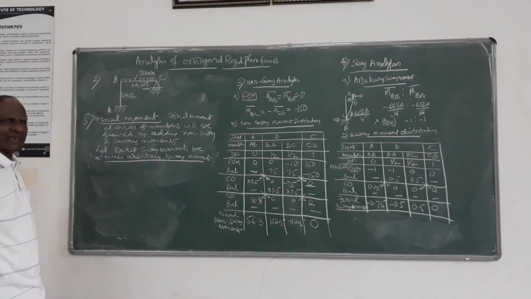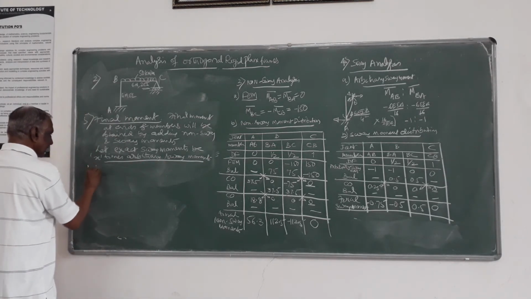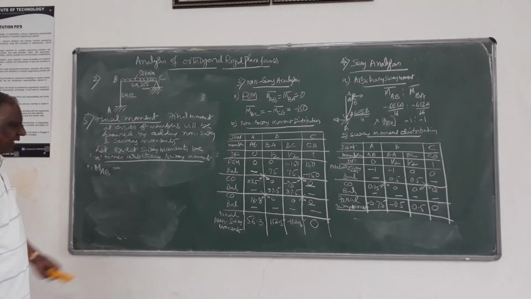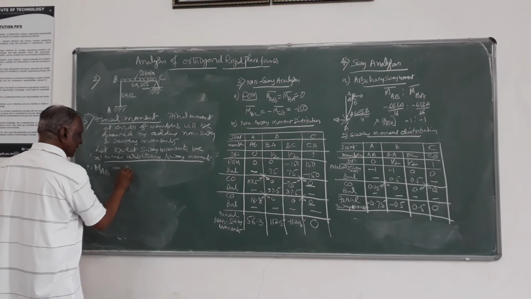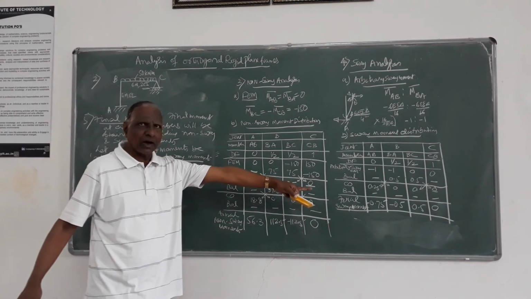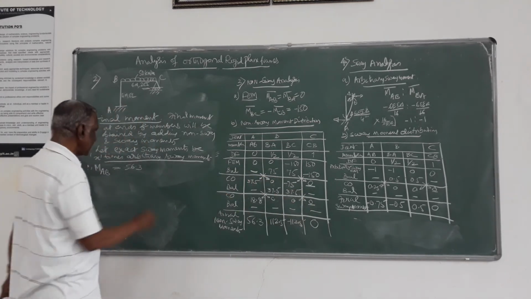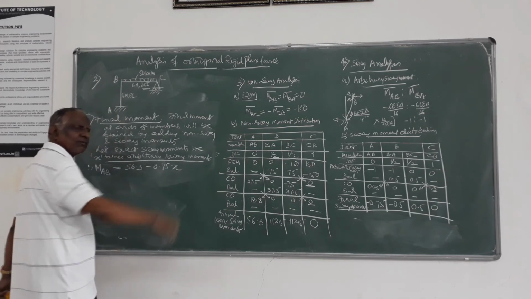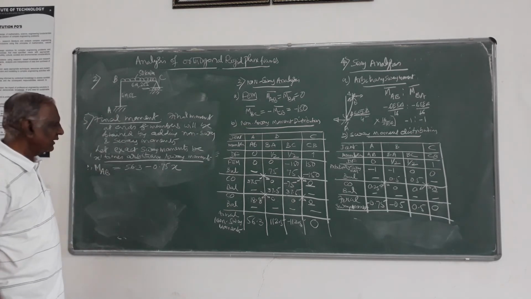It is x times that. So therefore, you can write MAB, moment at end A, non-sway moment is 56.3 and arbitrary sway moment is minus 0.75, exact sway will be 0.75 times x.